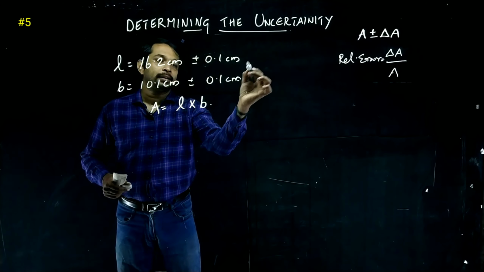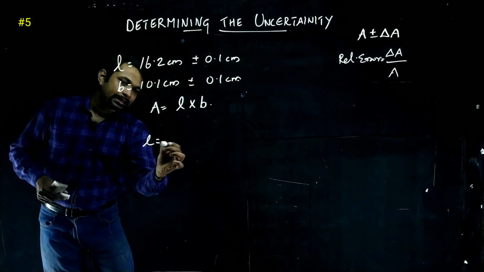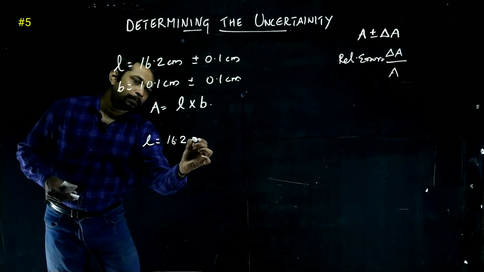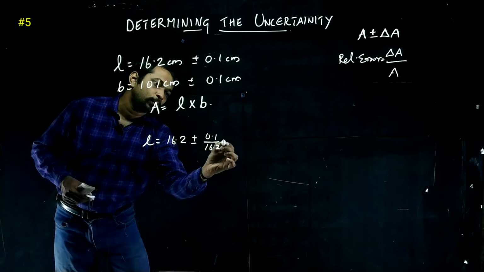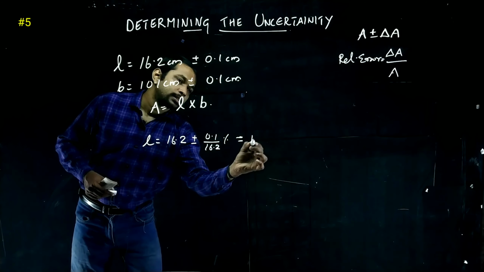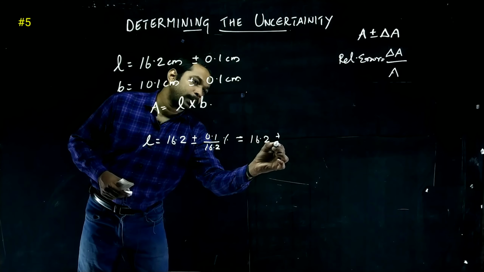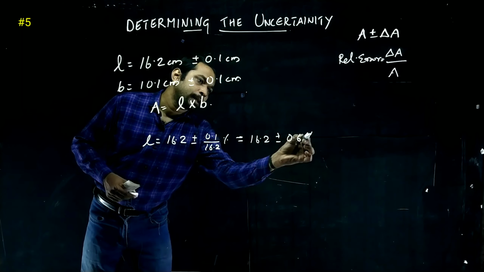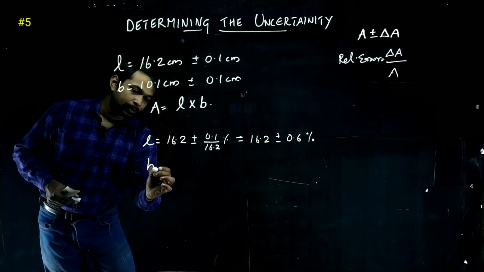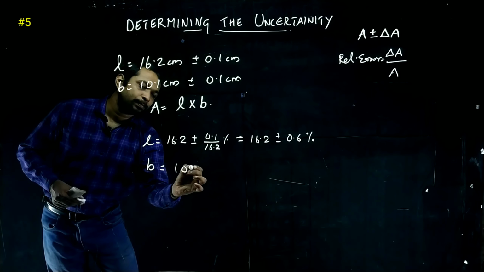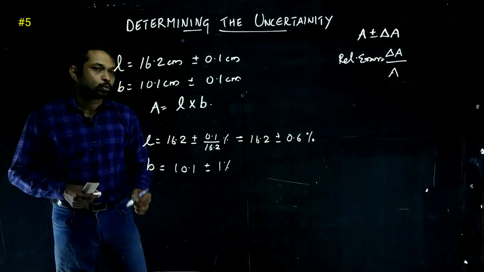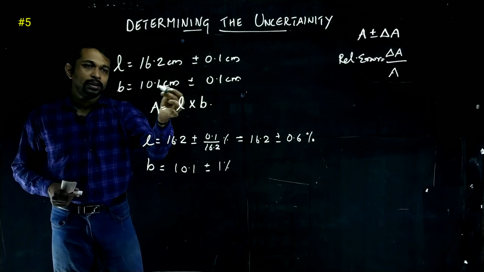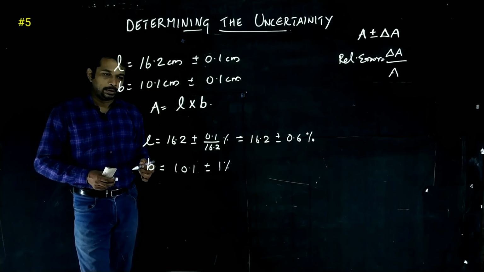So we can write this length as 16.2 plus or minus 0.1 divided by 16.2 in percent, which is equal to 16.2 plus or minus 0.6%, and breadth similarly will be 10.1 plus or minus 1%. What is this 1%? 0.1 divided by 10.1.